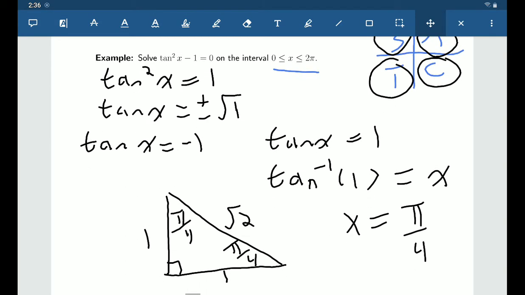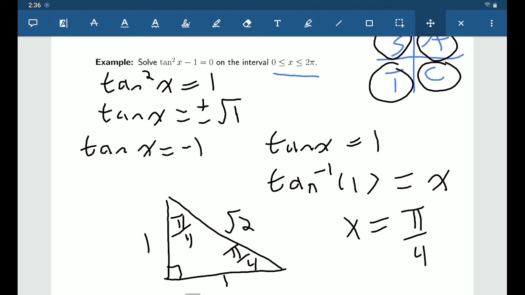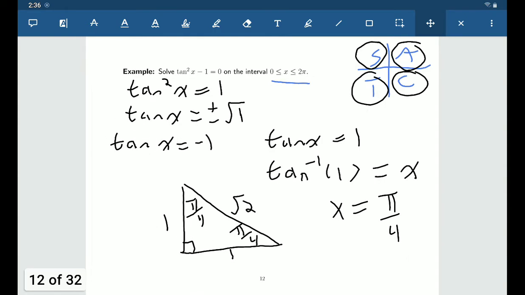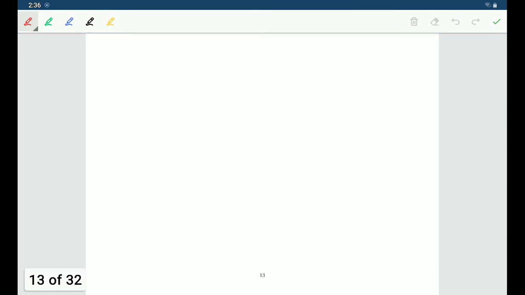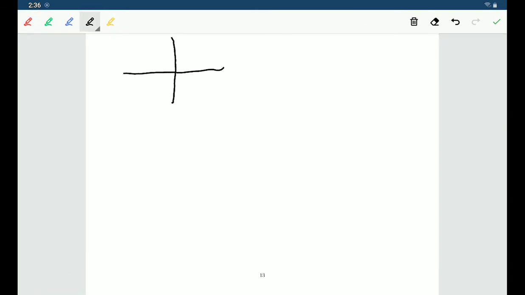Now for all of my other solutions, I'll find those in quadrants 2 and 3 and 4, and I'll do that with a little bit of a drawing. So let's find the other 3 solutions. In quadrant 2, that would be where tangent is -1. The reference angle is pi over 4, so the angle that we're talking about is 3 pi over 4.